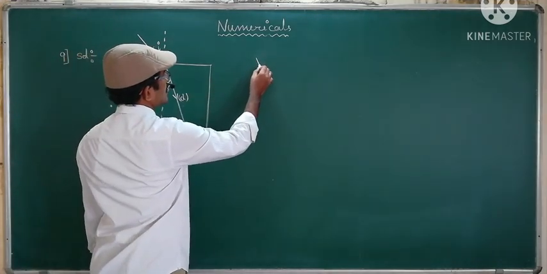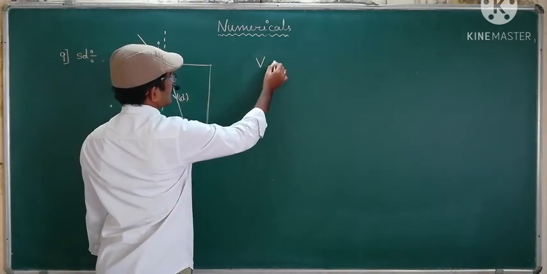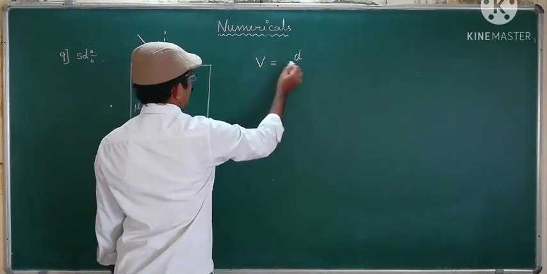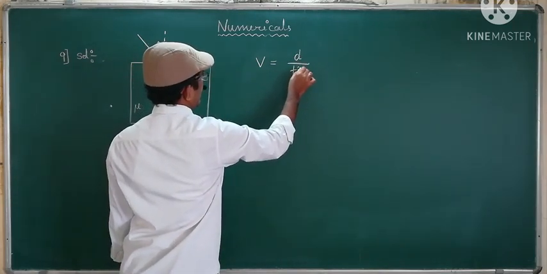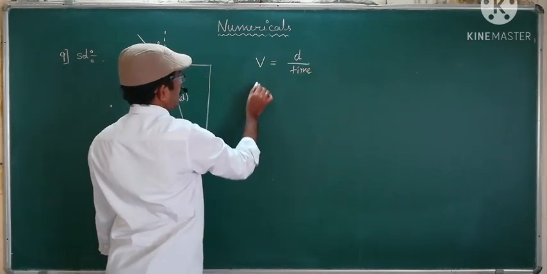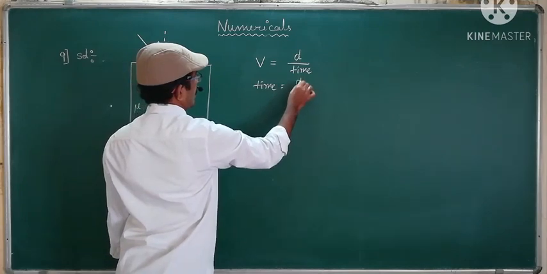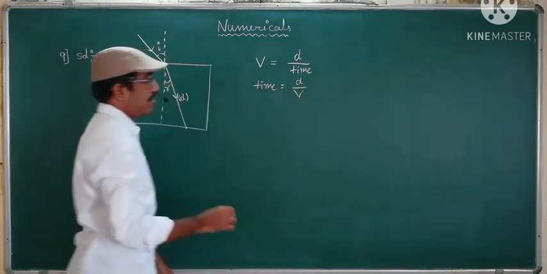As we know, velocity of light is equal to distance travelled divided by time. We want time. Time is equal to distance divided by velocity.